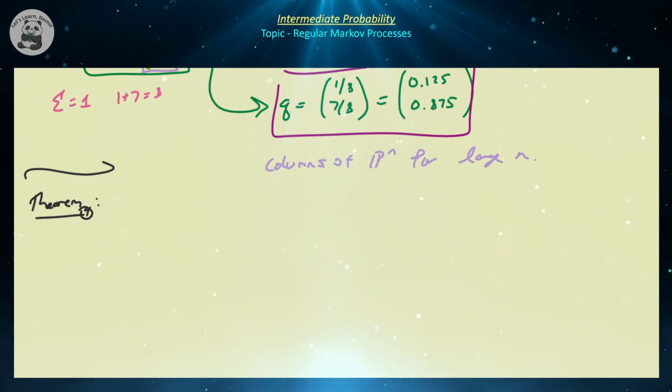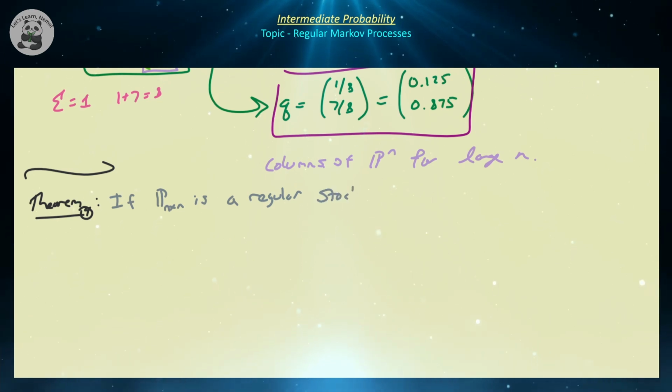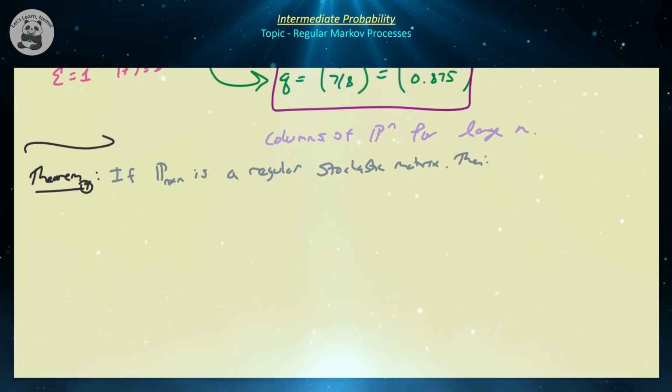So what does it say? Let's assume that P, n by n, is a regular stochastic matrix. Here we're requiring that our stochastic matrix is regular. If you have a regular stochastic matrix, then the following things are guaranteed.